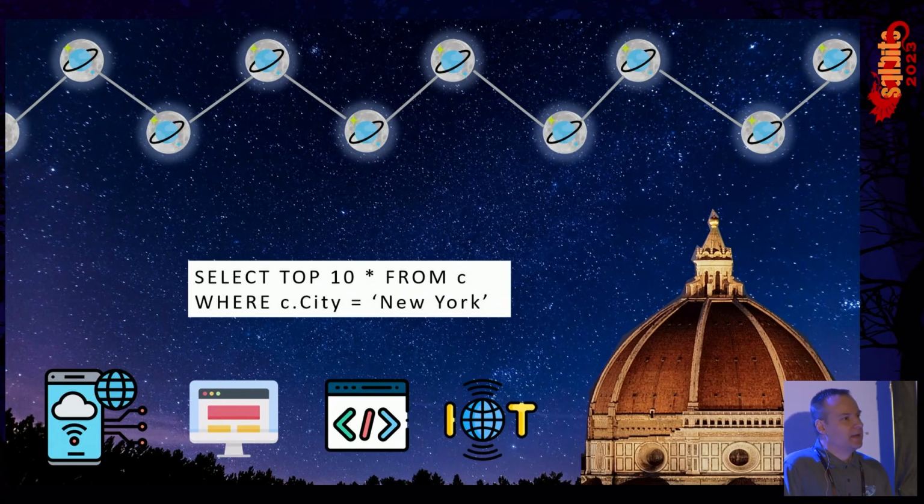That's where things get tricky in Cosmos DB. First of all, we need to figure out what the partition key is. If the partition key is the city, then Cosmos DB knows exactly where the data is.